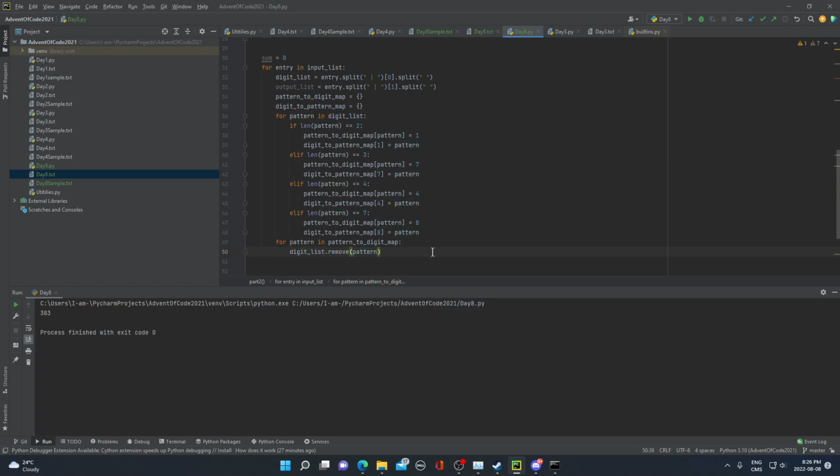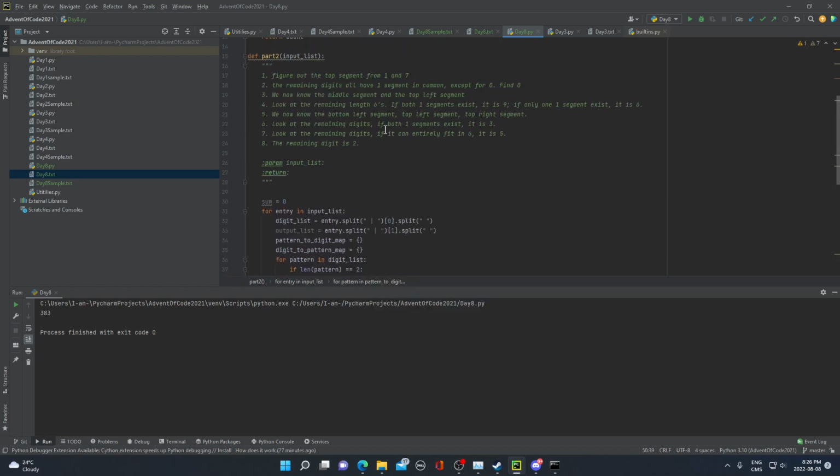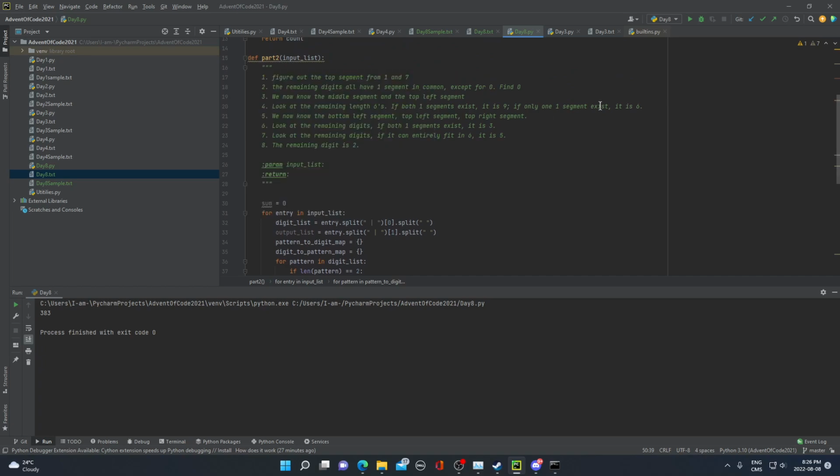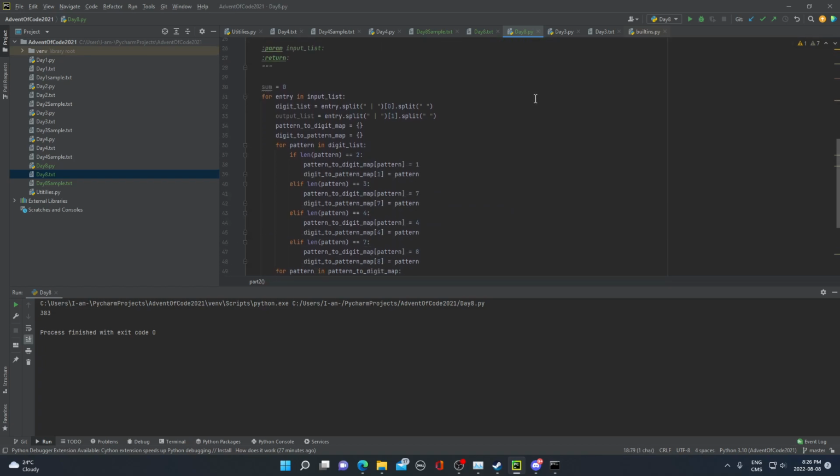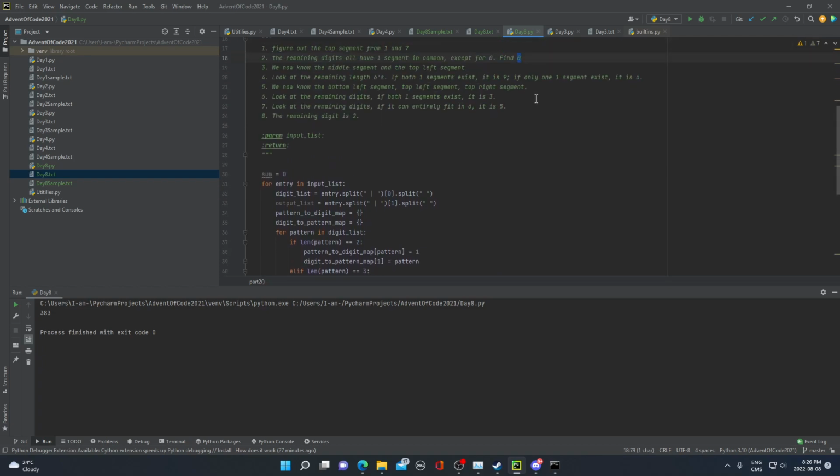Okay. So what was my algorithm again? Remaining digits all have one segment in common except for 0, find 0.